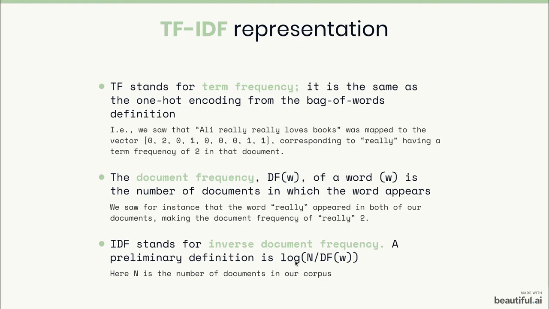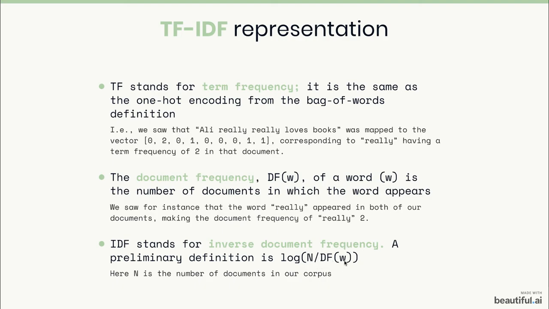So ignore the logarithm for now. If we look at this fraction here, N over the document frequency, N is simply the number of documents in our corpus. So in our case, N is 2. This would mean that if a word appears in both of our documents, this fraction would be 1.